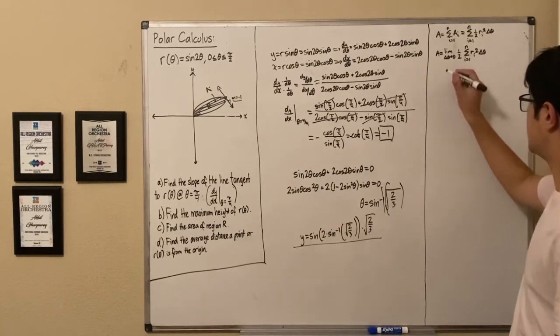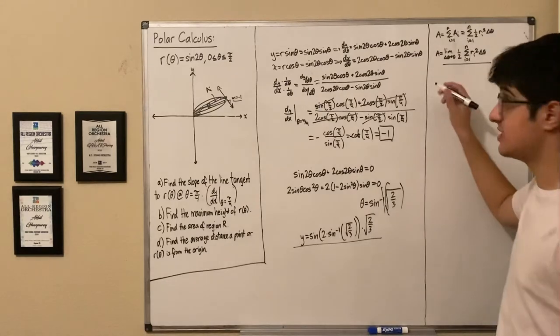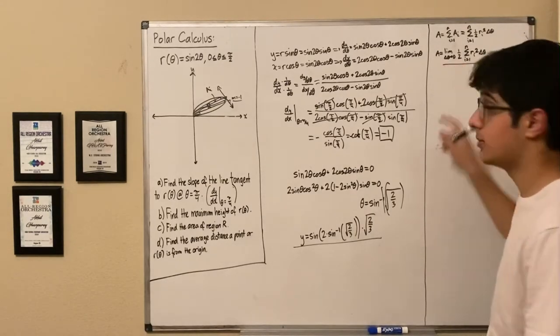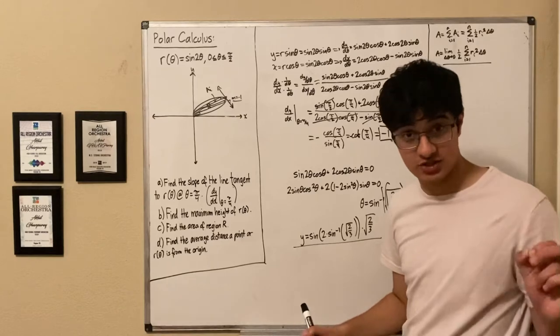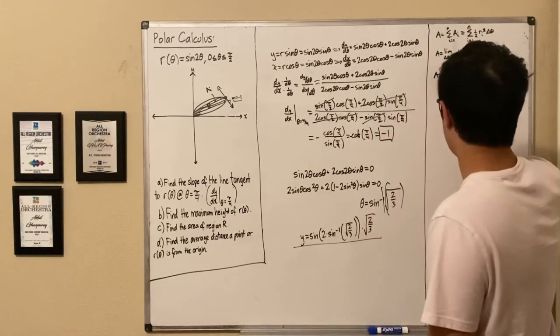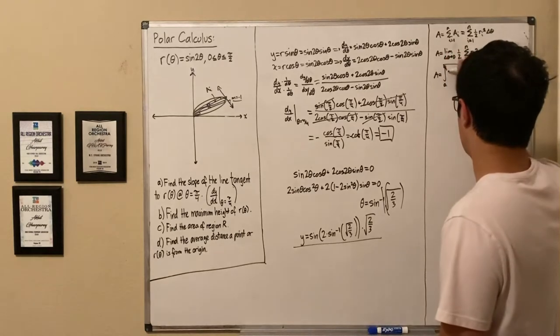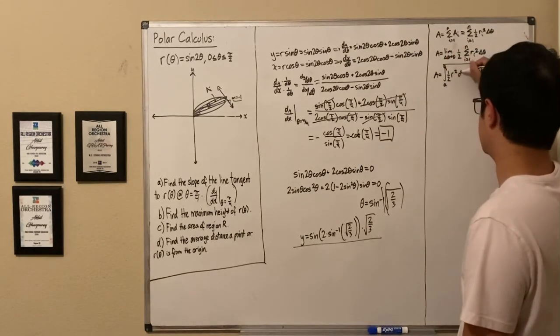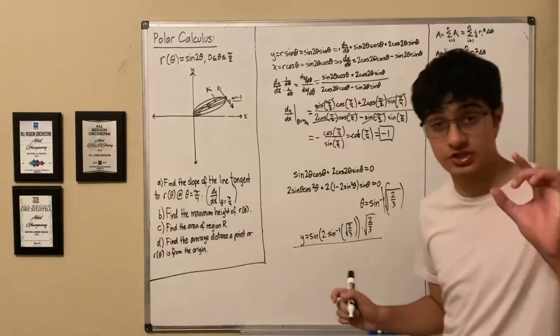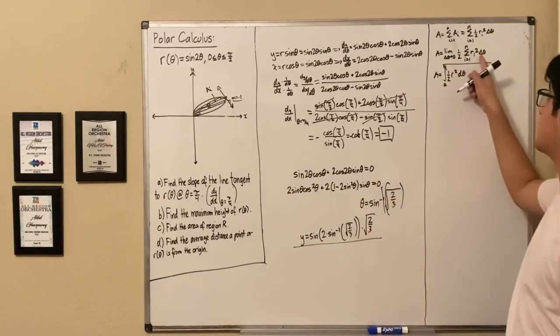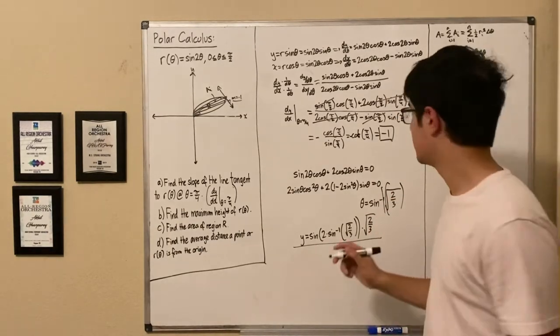This right here is actually the limit definition of an integral. So we get A is equal to the integral from a to b of 1/2 r squared d theta, because this delta turns into d as we limit it to 0.